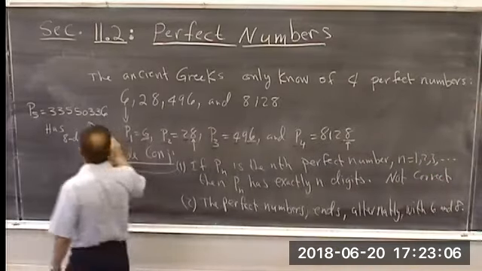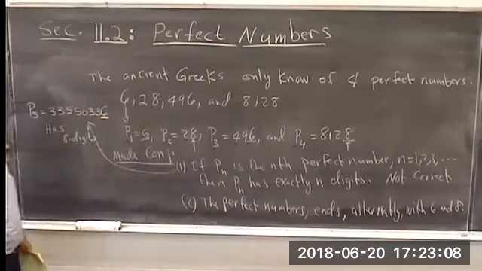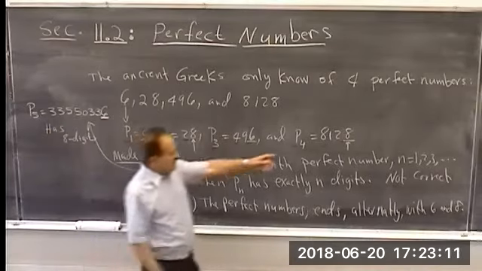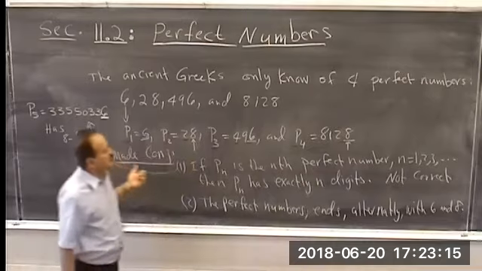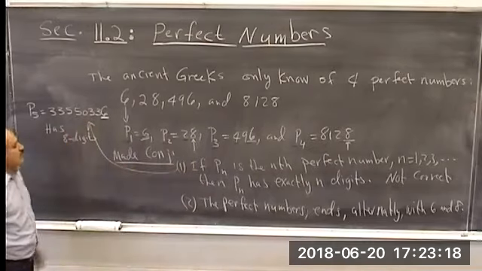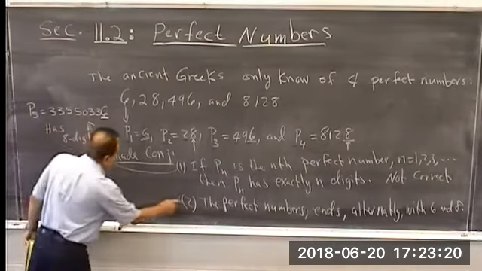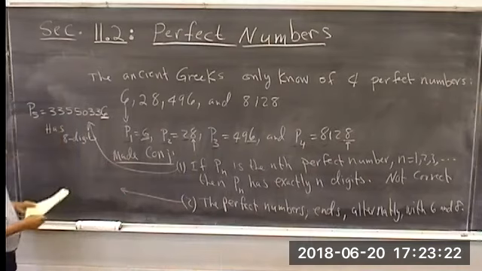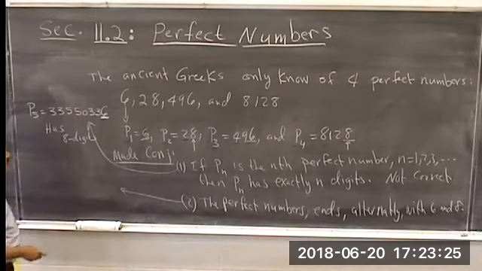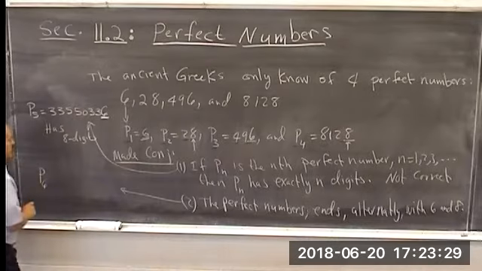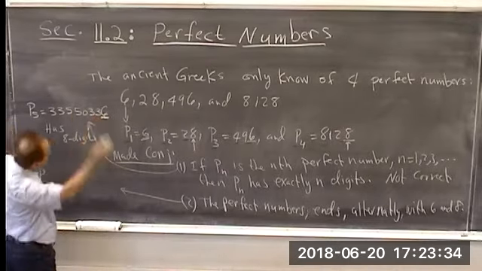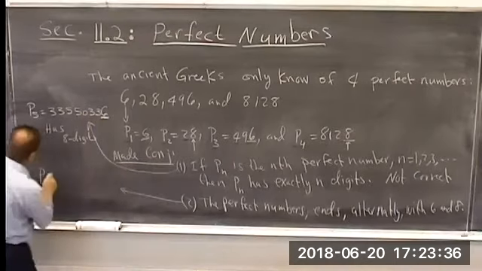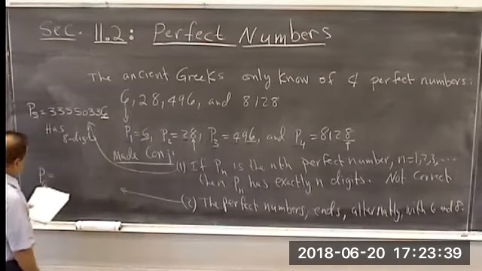However, the number ends in 6, which is after the 8. So P4 ends in 8, then the next number is supposed to end in 6, and this is true. However, this one is again found to be incorrect, because P6 is supposed to be 8, since this one is 6 now and alternately we should get 8, but no, it does not end in 8.